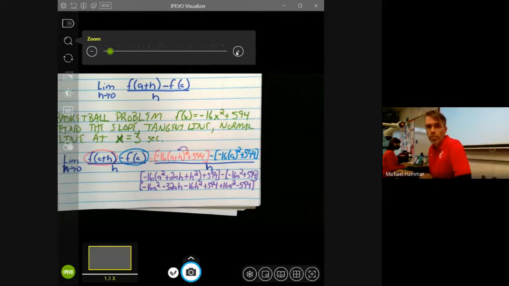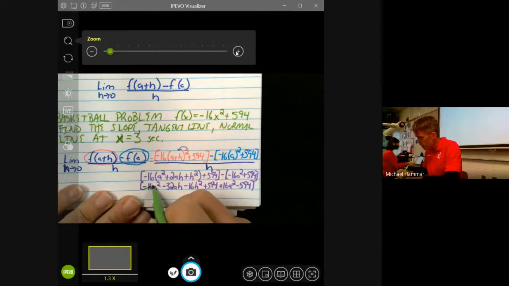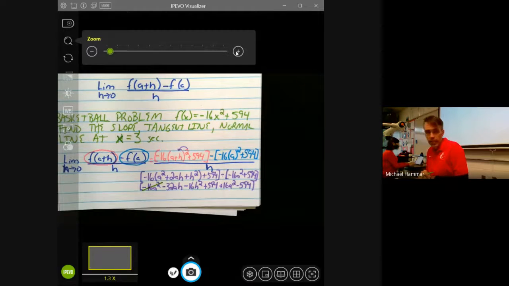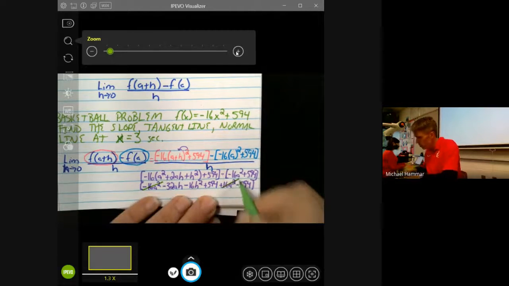Now remember, it's still all over h, but we're not going to deal with that until we get to the very end. So now we need to cancel out things that cancel out. You'll notice the negative 16a squared terms cancel out.